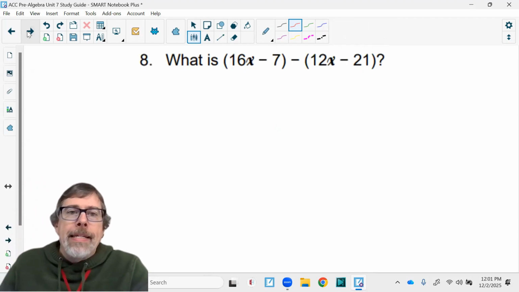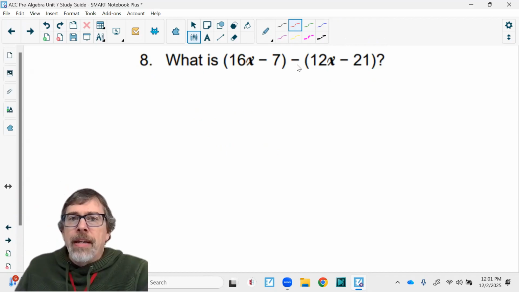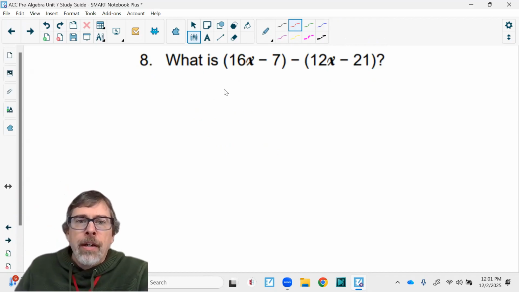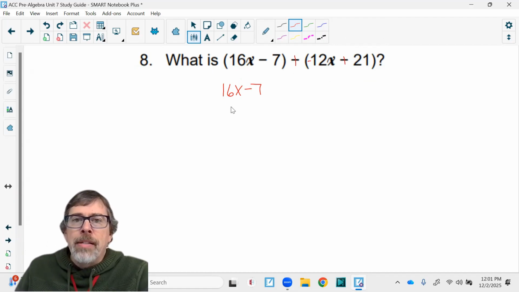Next problem, number 8. What is 16x minus 7 minus? So I'm going to do this vertically again. 16x minus 7. And I want to change this to a plus, which would change this to minus and this to plus inside by distribution. So it's going to be 16x minus 7 plus a negative 12x and a positive 21.